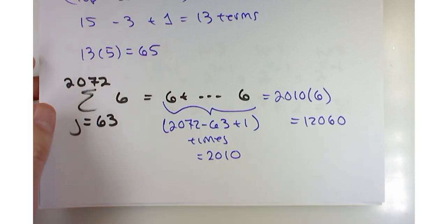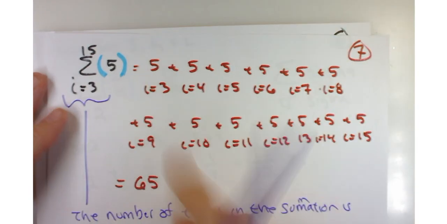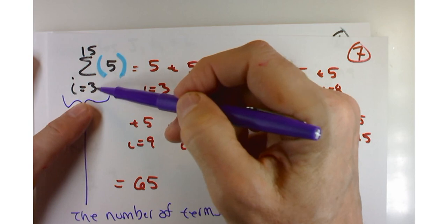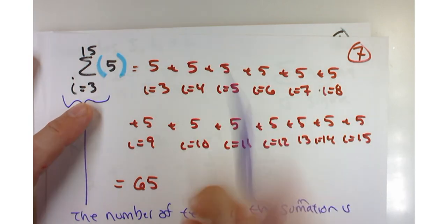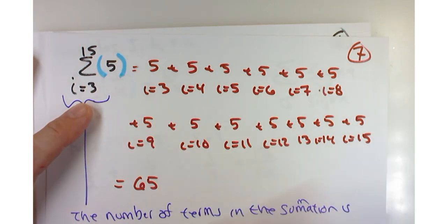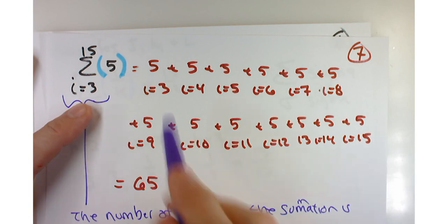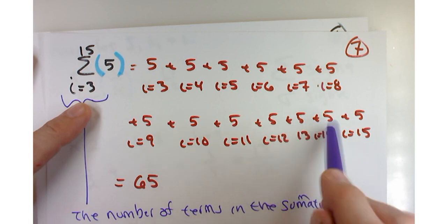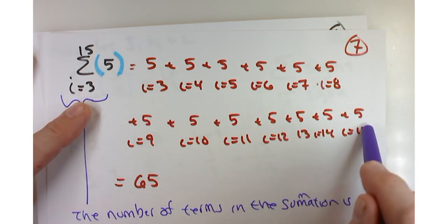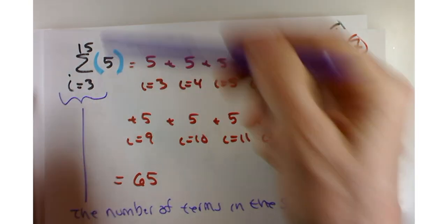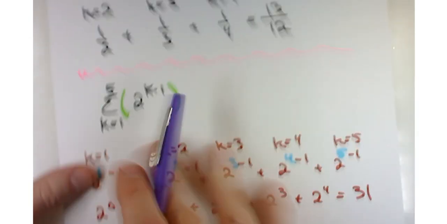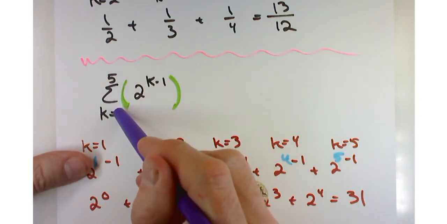Can you remind me why you did that plus 1? Yeah, because there's an extra term in here that you're kind of not seeing. If you did 15 minus 3, you'd say, oh, well, there's 12 terms. But when you count, and let's do it together, 1, 2, 3, 4, 5, 6, 7, 8, 9, 10, 11, 12, 13. There's 13 terms here. Now that gets kind of hidden if your count starts at 1. 5 minus 1 is 4, plus 1 gives you 5.